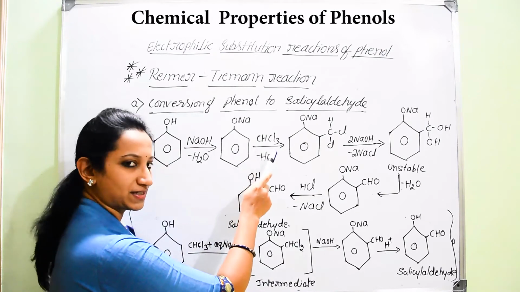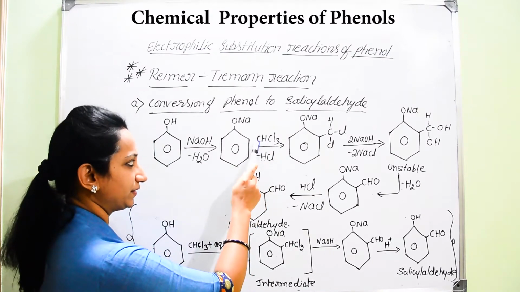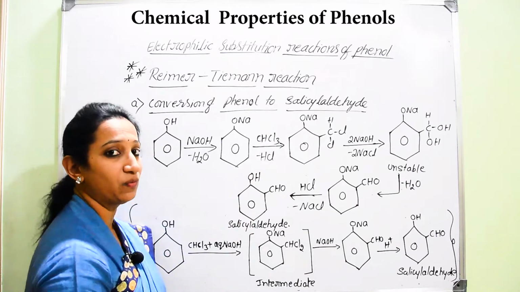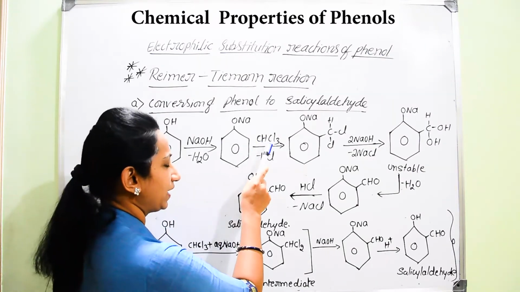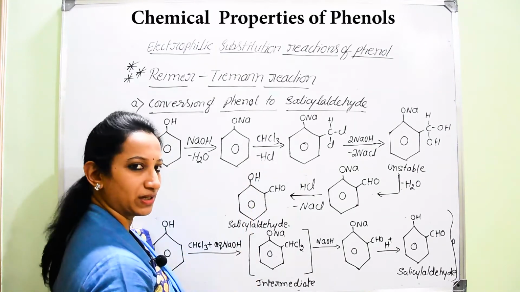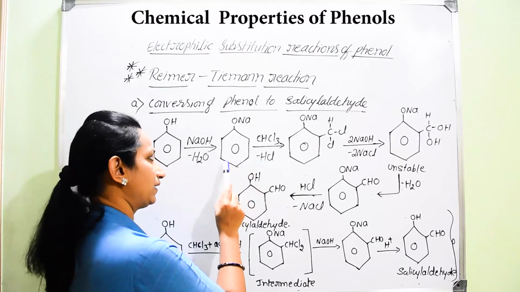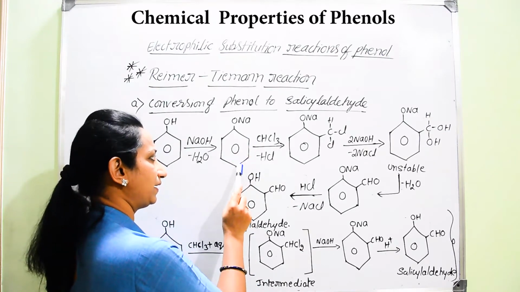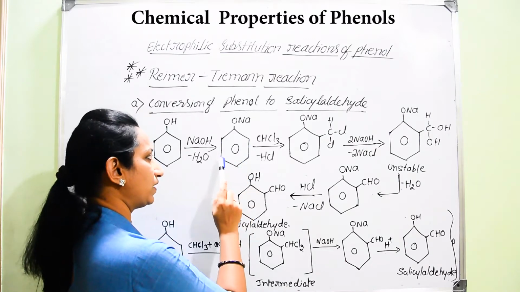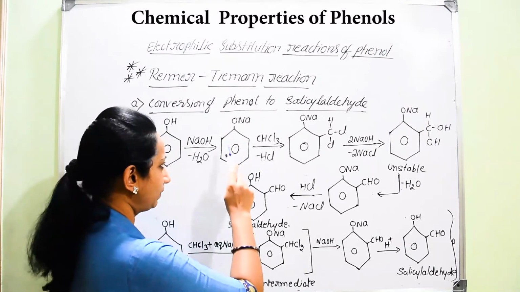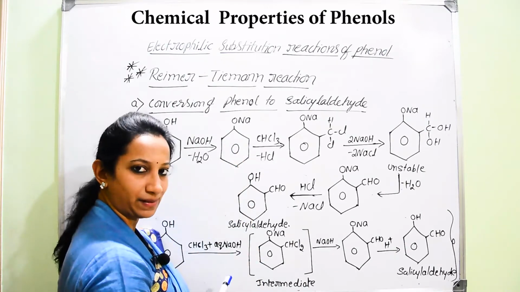In the very next step, we have CHCl3, chloroform, reacting at the ortho position. Remember, all the carbon atoms are identical and each contains a single hydrogen atom, with alternate double bonds.